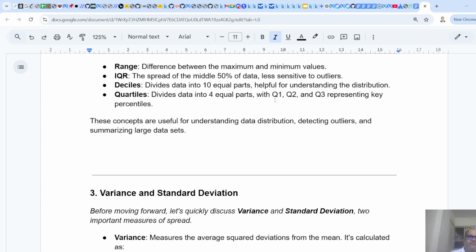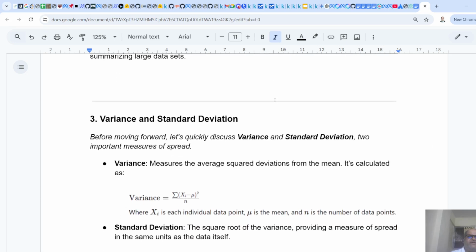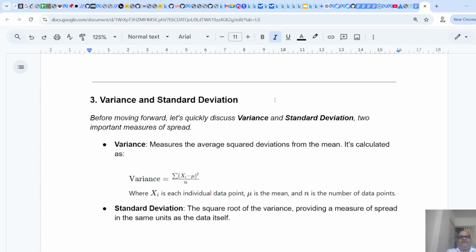So far we have just looked at some of the basic mean, median, mode, and range related variations. We move to another important term, which is standard deviation. There are two related terms, variance and standard deviation. Variance helps you understand your spread over the data set.